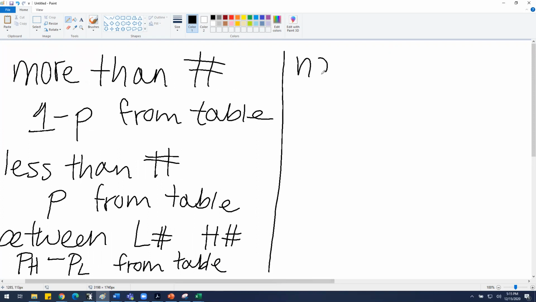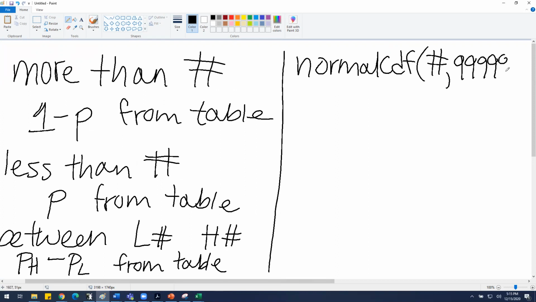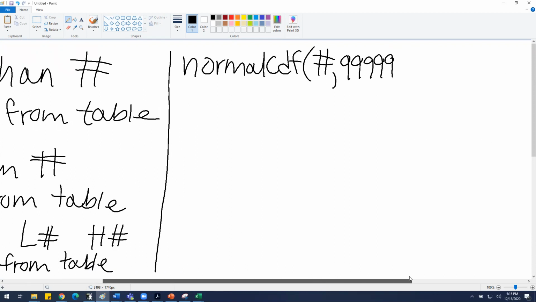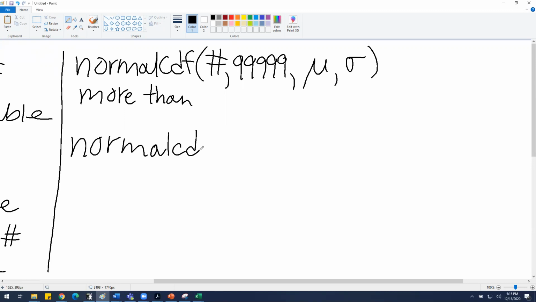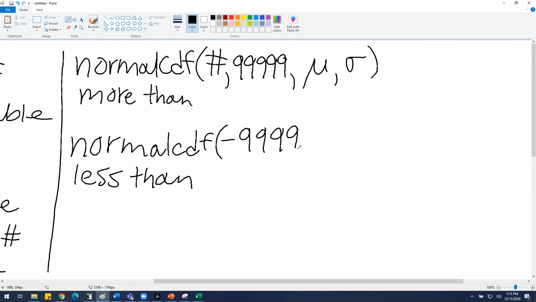If you're doing it in the calculator, normal CDF, you put the number first, whole bunch of 9s. This is if you have a more than. Then your mean, then your standard deviation. If it's a less than in the calculator, you do negative, whole bunch of 9s, then the number that they're asking for, then your mean, then your standard deviation.